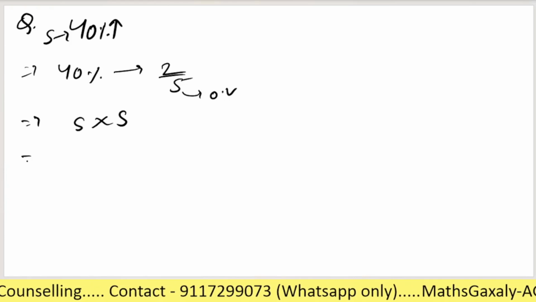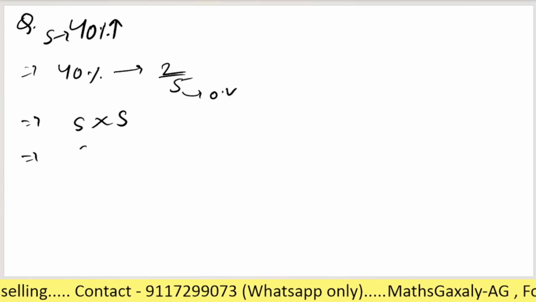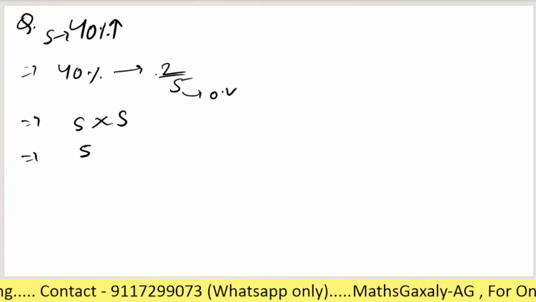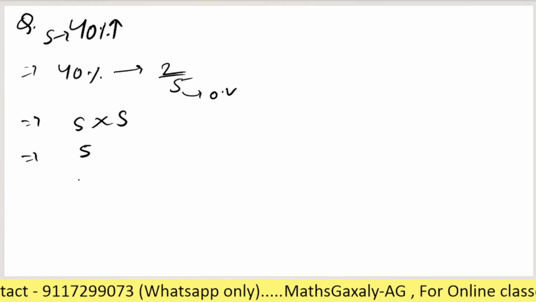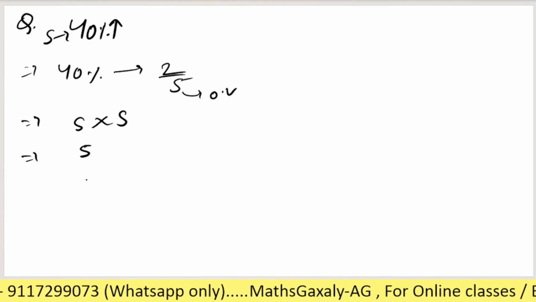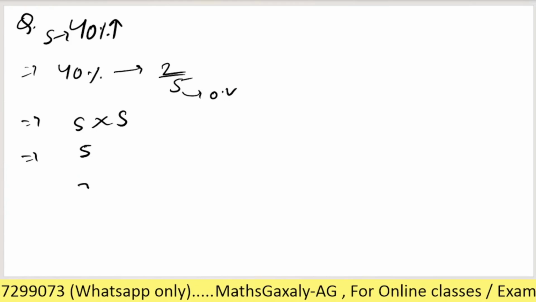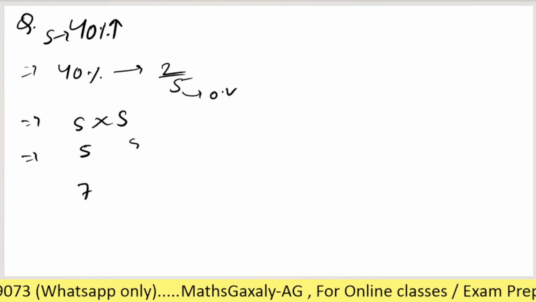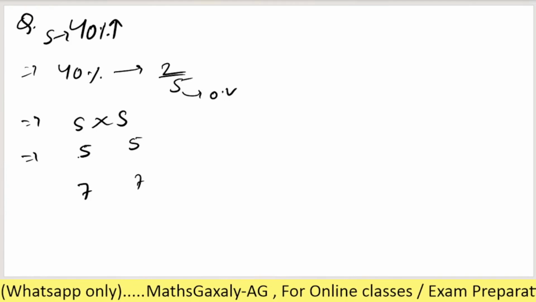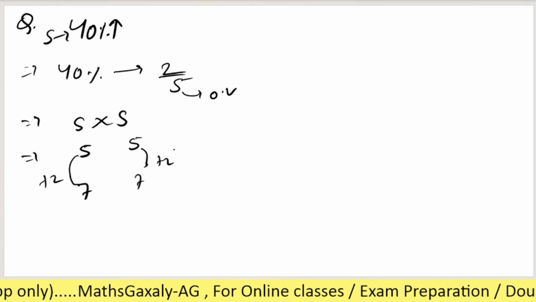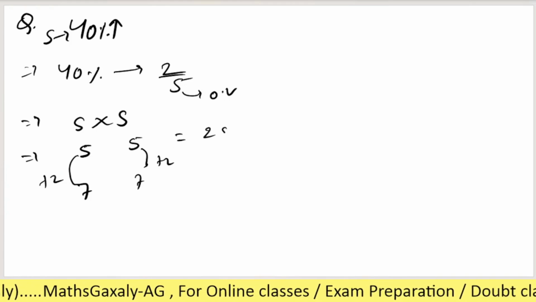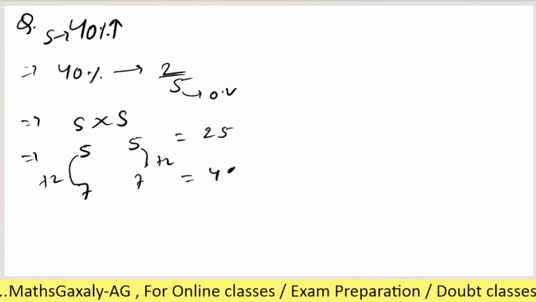Before it was 5, now 2 units have been increased, so the side becomes 7 units, 5 plus 2, 7. And again for the other side, increment of plus 2. So 5 into 5 is 25, and 7 sevens are 49.